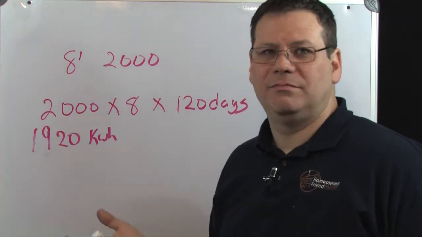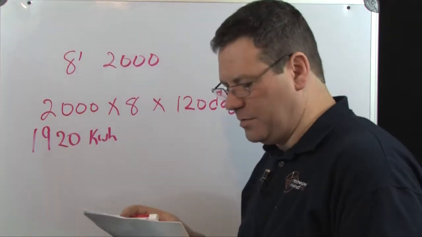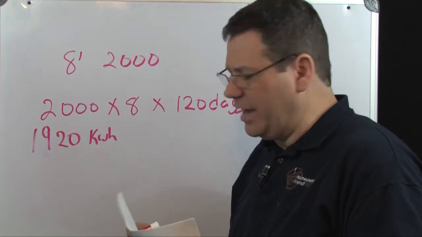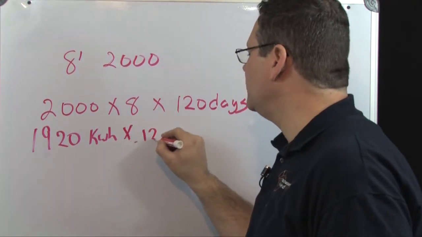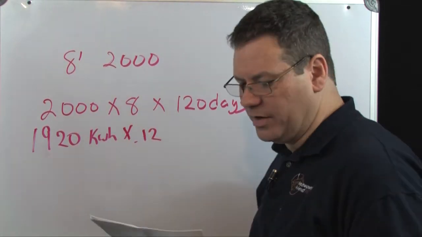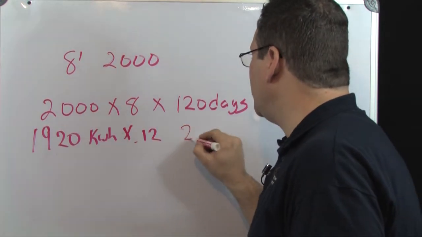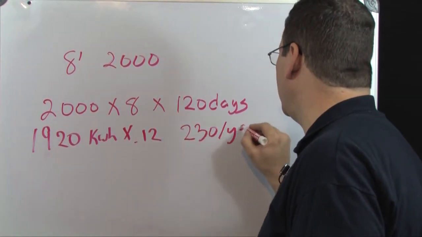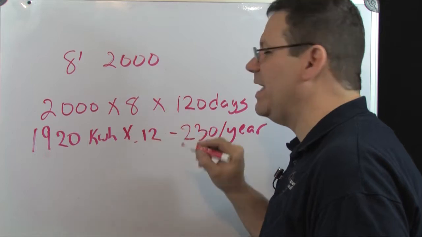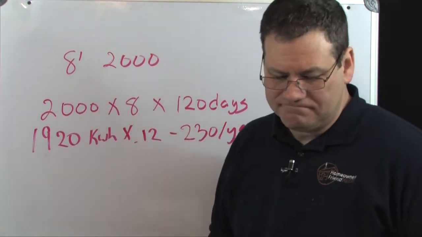I'm not even going to tell you what the watts are. Obviously, it's quite a bit more than that. And if you multiply that by 0.12 dollars per kilowatt hour, assuming you're in an area with fairly reasonable electricity, it's going to cost you about $230 a year in electricity to heat that cabin with electricity.